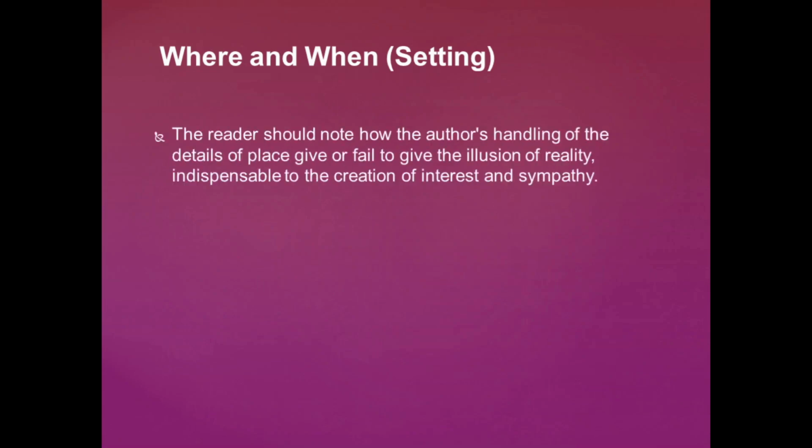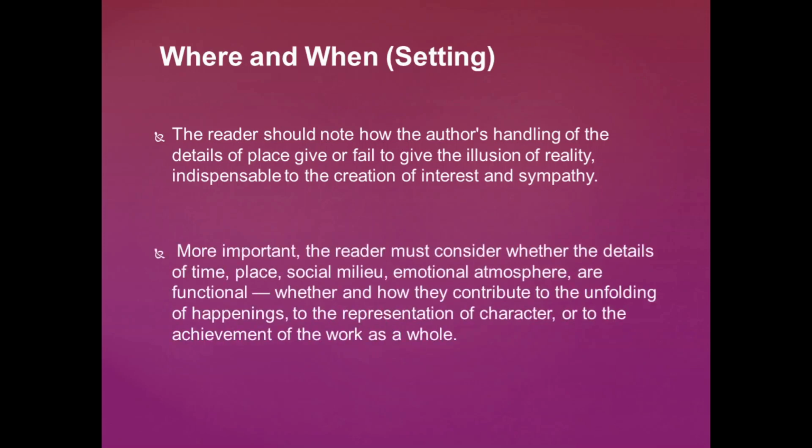The next part of a prose passage is where and when, which constitutes the setting. The reader should note how the author's handling of the details of place give or fail to give the illusion of reality indispensable to the creation of interest and sympathy.